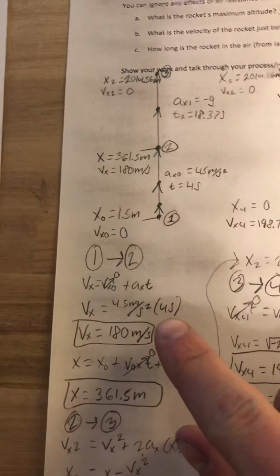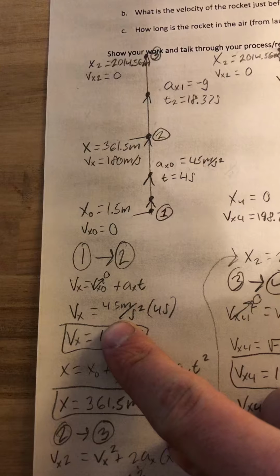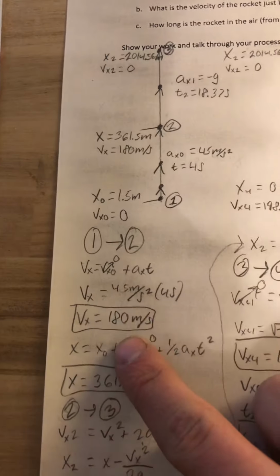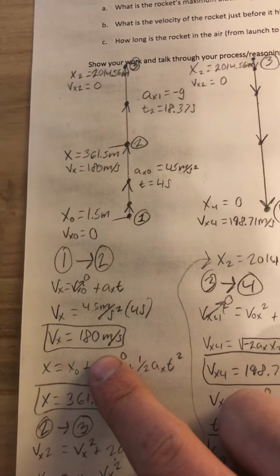To find v of x, you use this formula. I rearranged it into that, and then came out with 180 meters per second.